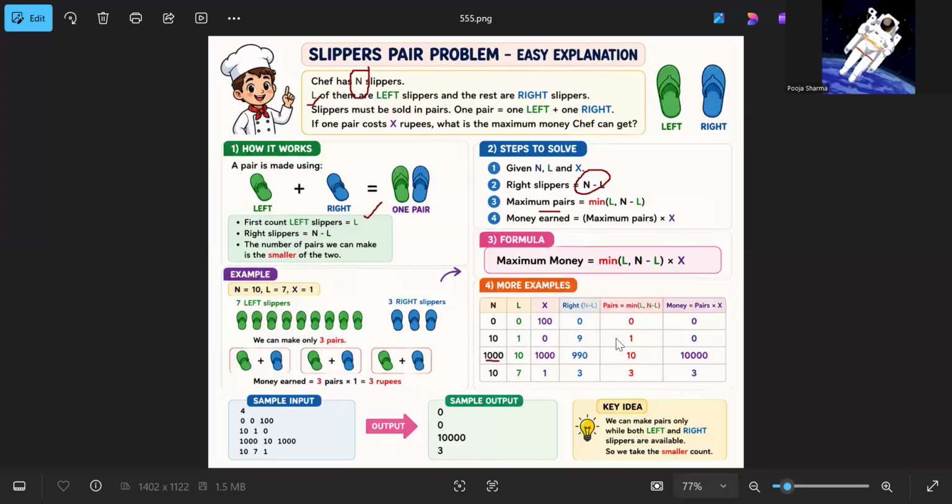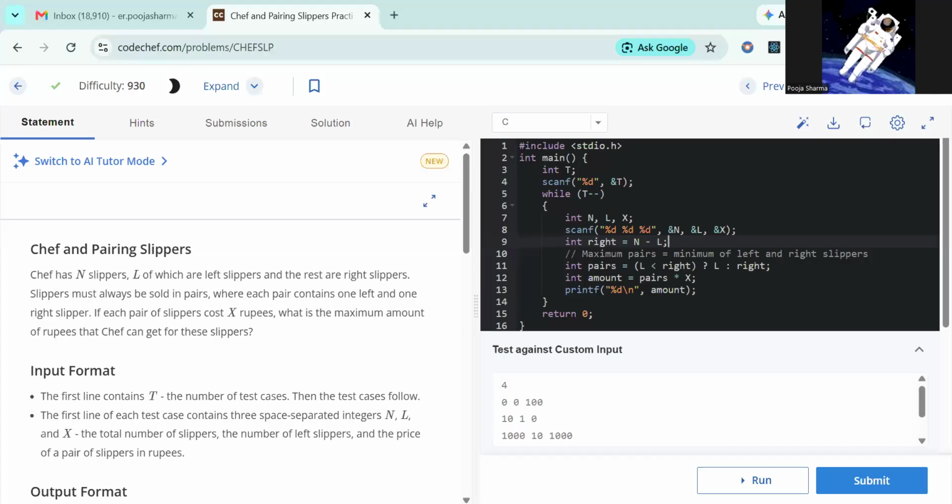Right? So let's go to the code and let's see how we did it. So I usually do it in C programming. So this is how it is. So here n is the total number of slippers that you are entering, right? L is left and x is basically how much money they are getting, right?